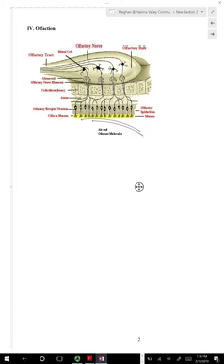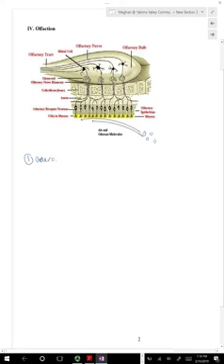Instead, what we're going to think about is how we start an action potential. So you smell something, you breathe in, and these little molecules that are odorant molecules move into the nasal cavity.